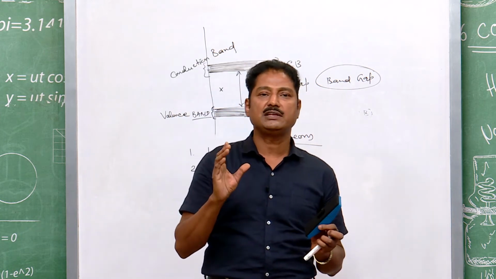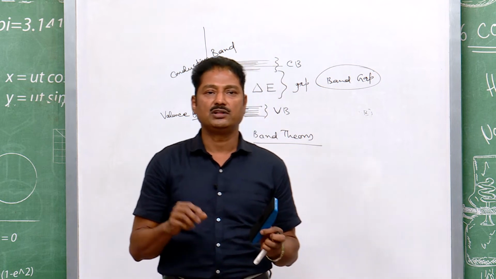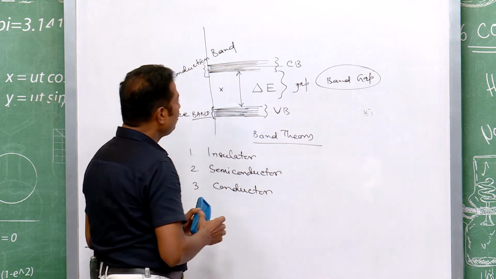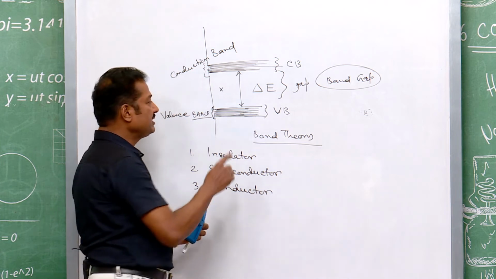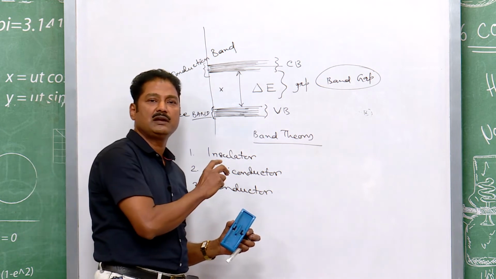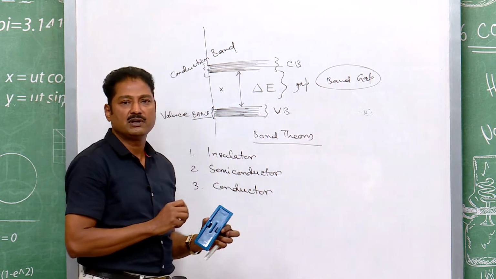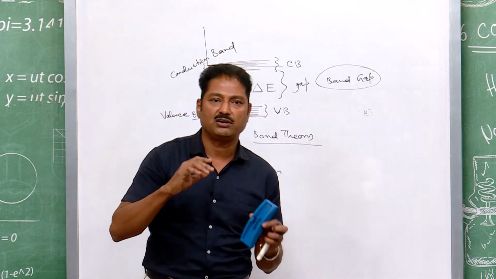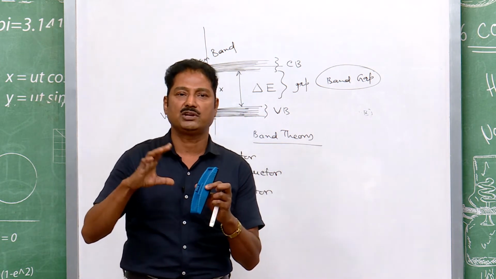We categorize the three materials on the basis of band theory. You know what band theory is. The matter should have some valence band and some conduction band. Below the valence band, there are other bands, but we are not giving importance to those bands.